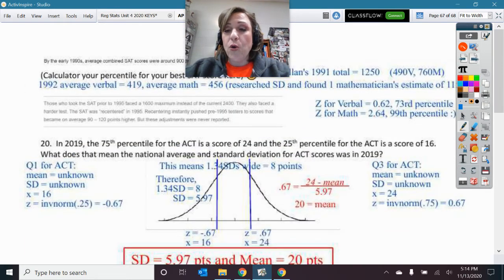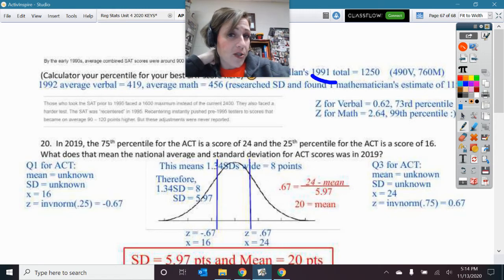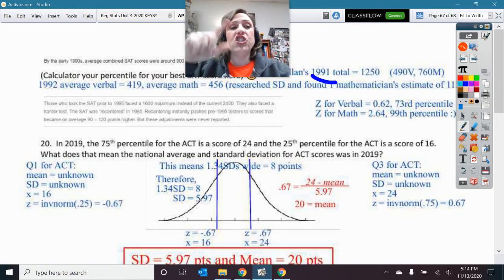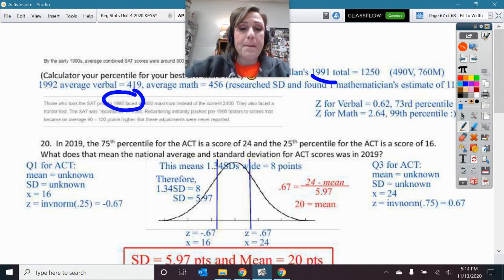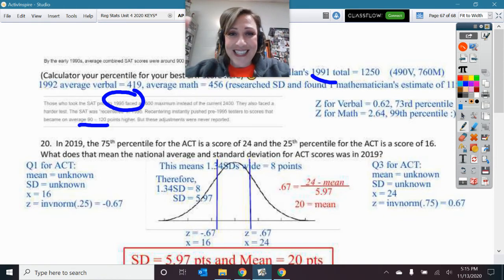Which is interesting here. Now I said calculate your own, so I don't know what you chose. I did some research and found some really interesting things because I took this test way back in like 1991. I graduated from high school in 92. I learned that in 95, they did a big recentering of the average, and it actually made the average about 90 to 120 points higher.